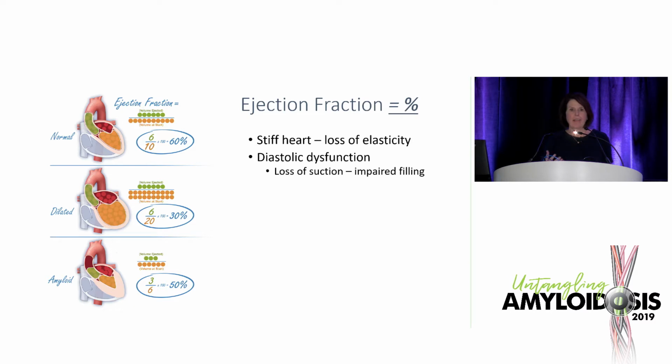That's why athletes can increase their cardiac output so much, because their hearts are so elastic. So the ejection fraction, if it's normal, is not necessarily reassuring, and you all know that in cardiac amyloid. The stroke volume and the stroke volume index and cardiac output may be very severely impaired.